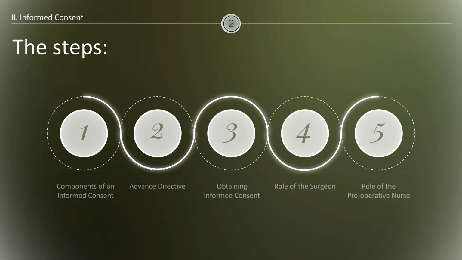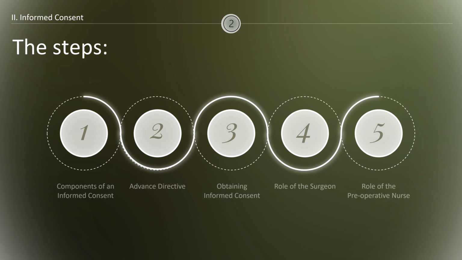Obtaining informed consent, step 3, you can see there, responsibilities. We have the surgeon, right, who is solely responsible for providing procedure information and obtaining consent. It must occur, of course, before sedation or anesthesia. Ensure patient and family questions are all answered.